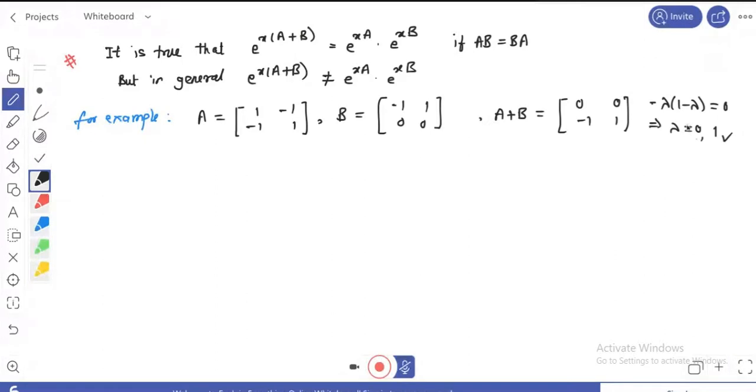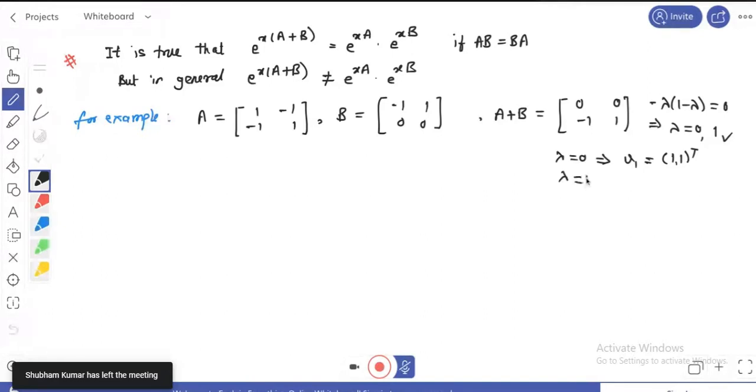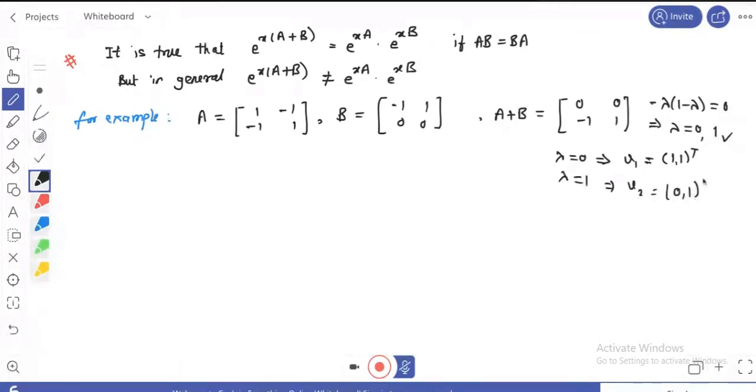For lambda equals 0, you can find the eigenvector: suppose v1 is 1 1, and for lambda equals 1, it is 0 1. Okay, so here you find the eigenvectors and eigenvalues for this matrix.